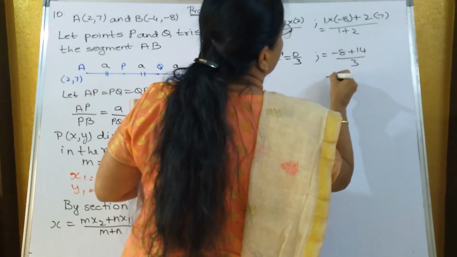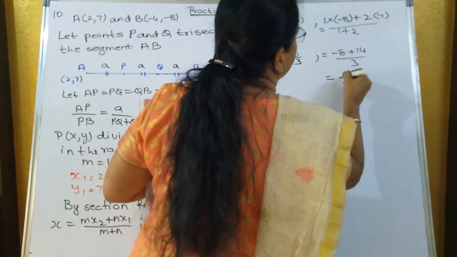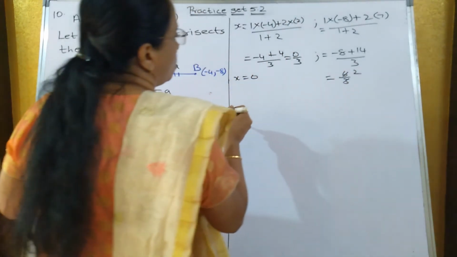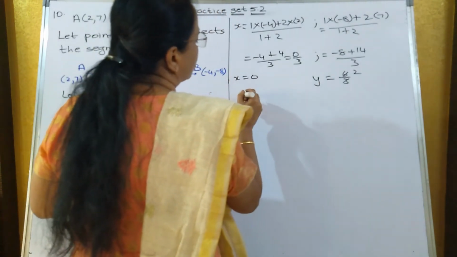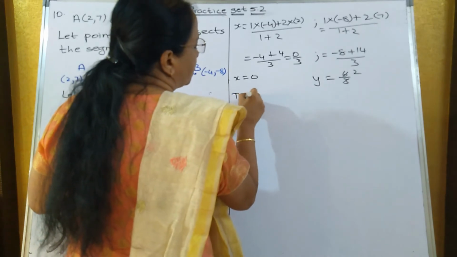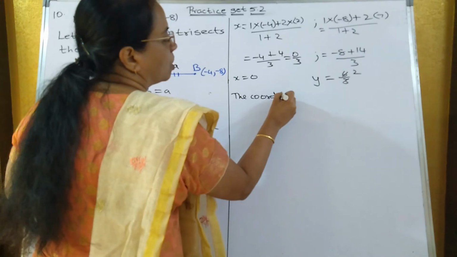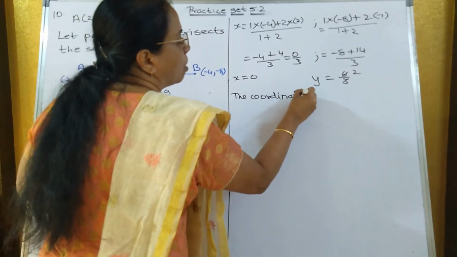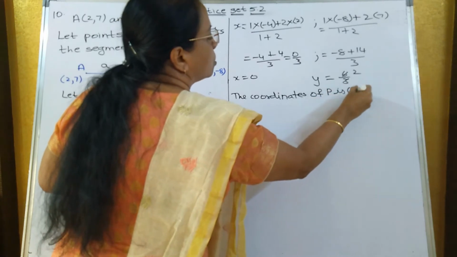So that is equal to how much? 6 upon 3. When you cancel this, you get 2. So x is equal to 0 and y is equal to 2. So the coordinates of P is what? The coordinates of P is 0, 2.